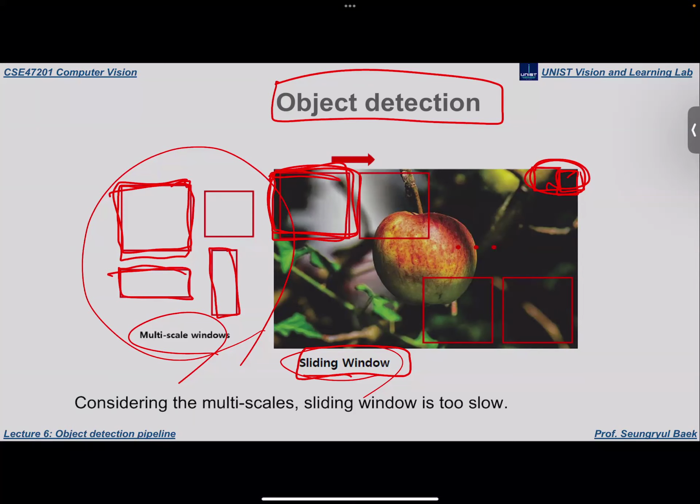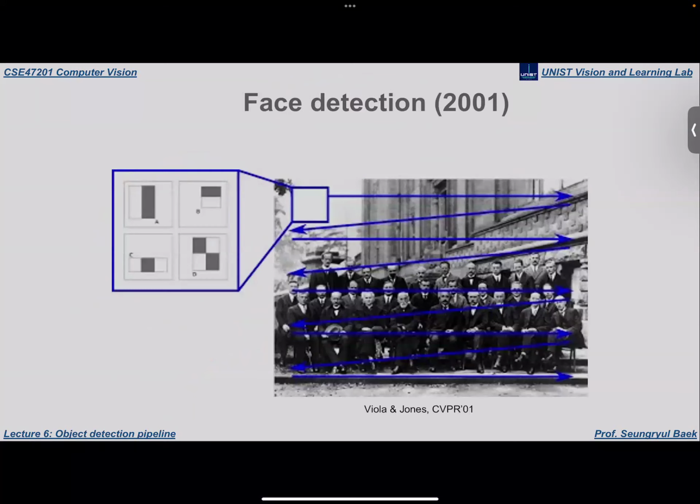So computer vision researchers are trying to solve this inefficiency problem. But before that, this is actually an algorithm proposed in 2001. Actually, 20 years ago, there was a face detection algorithm called Viola-Jones. These are the people who proposed this algorithm, and because of that, this face detector is frequently called the Viola-Jones face detector.